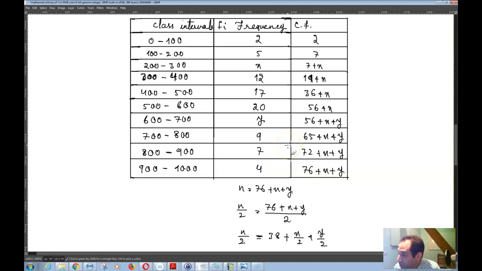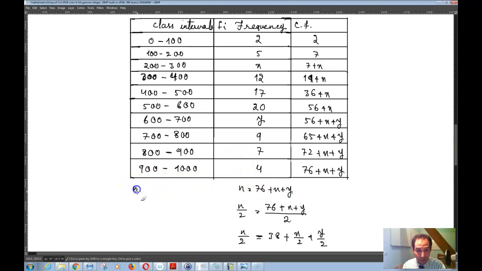Let's see how they have solved the problem. I remember the last time I couldn't solve this problem. 76 plus x plus y. Oh, okay, so we know that the frequency is equal to 100.